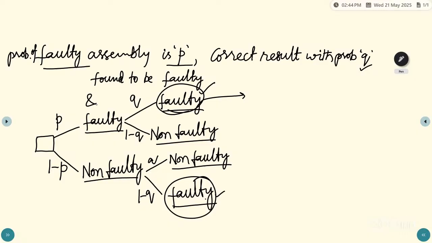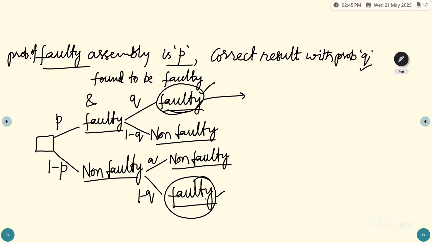Now you may draw this. So here, listen. Assembling has been done. You may get either faulty or non-faulty. After testing, faulty may be again faulty or non-faulty. Non-faulty may be again non-faulty or faulty.